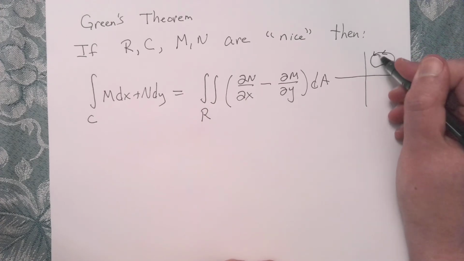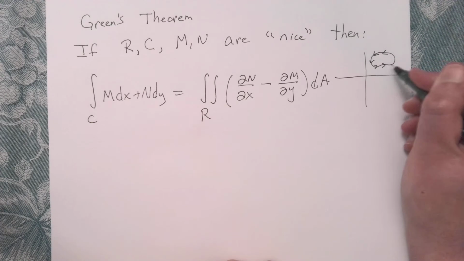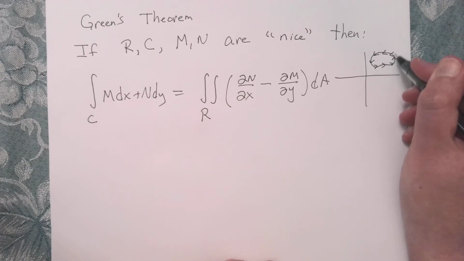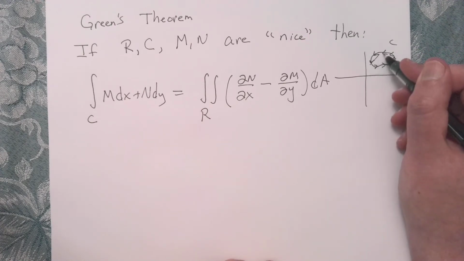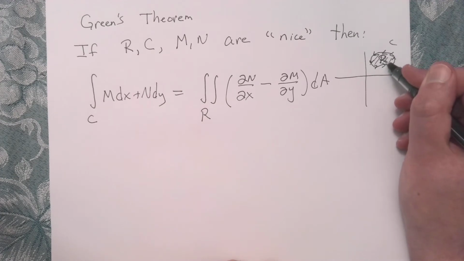Okay, so here's maybe our nice piecewise smooth boundary curve C. We're traveling counterclockwise. Here's our region R, which is nice and simply connected.